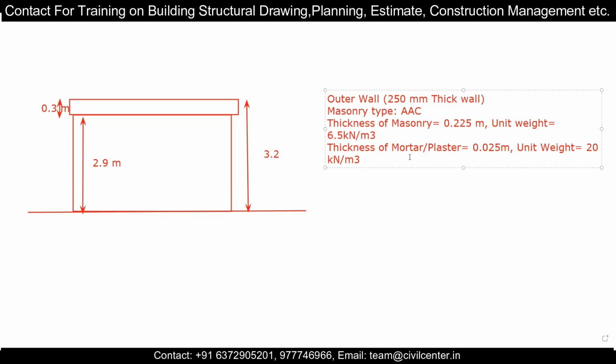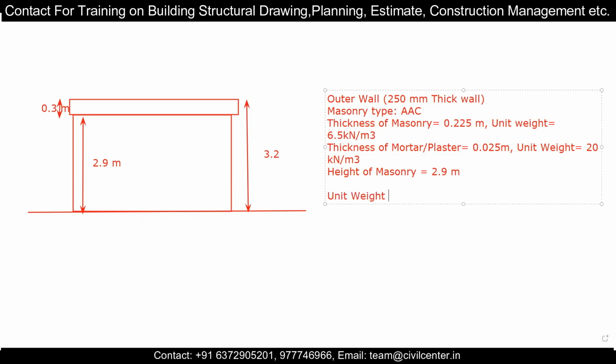Unit weight of mortar we already know, and the height we know here. The height of masonry, which is available here, equals 2.9 meter. So now we can easily calculate the unit weight of the brickwork, or the unit weight of masonry.